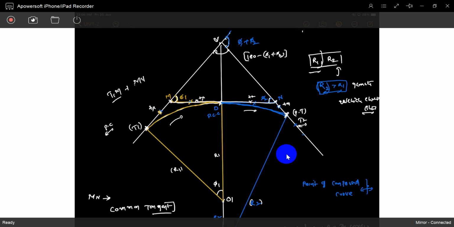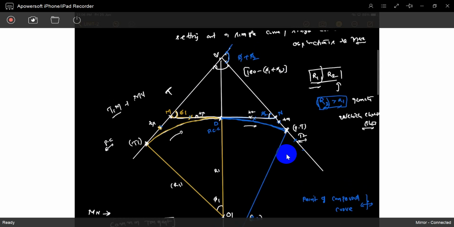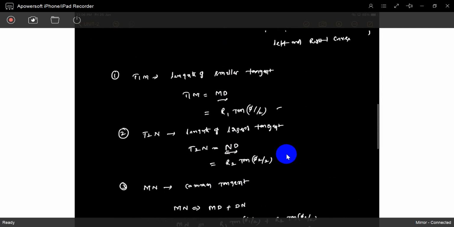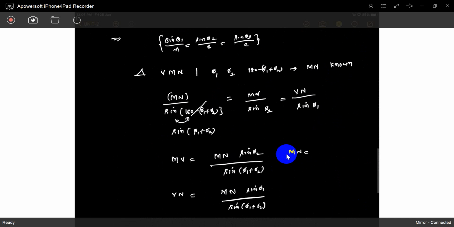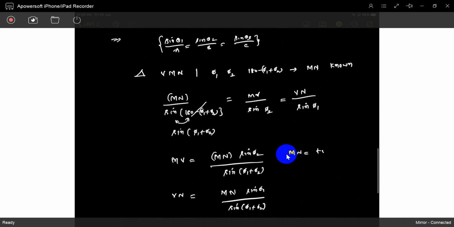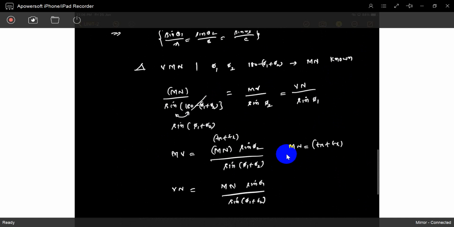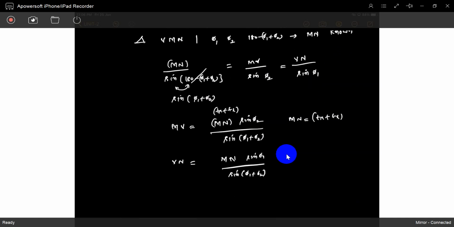S means smaller, and this is the total tangent. This is just notation, Ts or Tl. So you can write mn is Ts plus Tl, no problem. That's it, we got it.